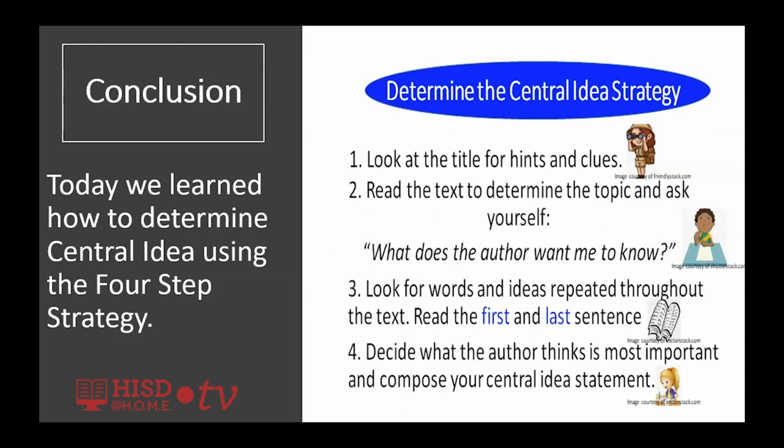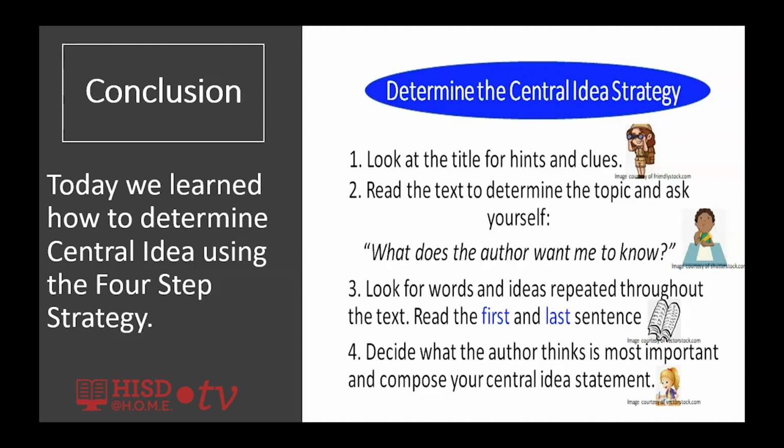In conclusion, let's review. Today we learned how to determine central idea using a 4-step strategy. The first step, look for the title for hints and clues. Step 2, read the text to determine the topic and ask yourself, what does the author want me to know?